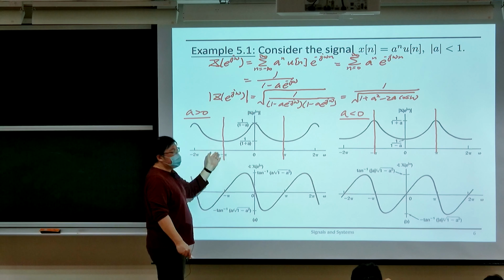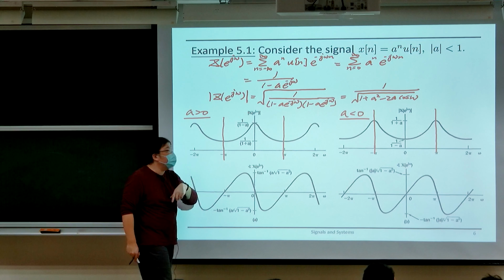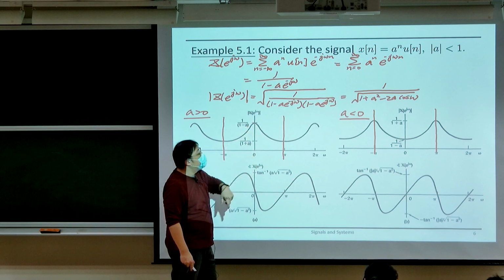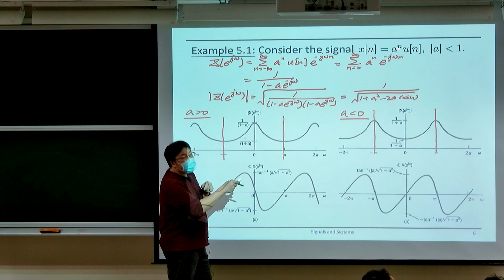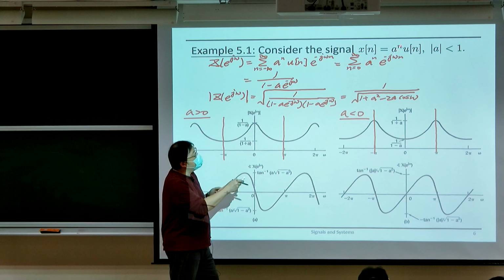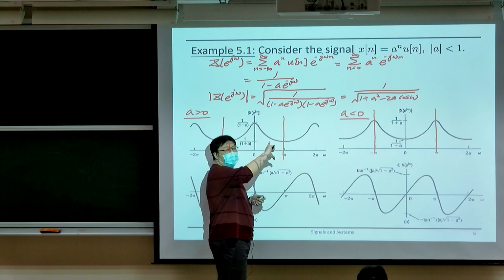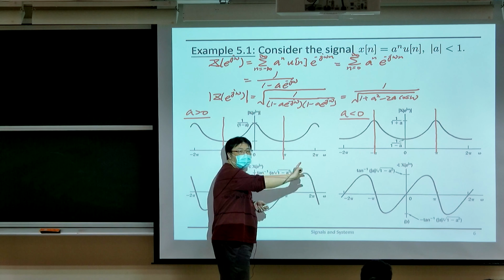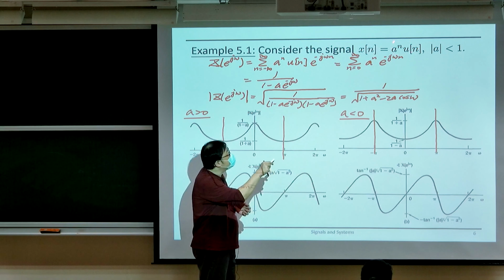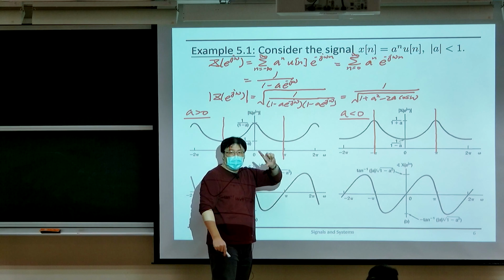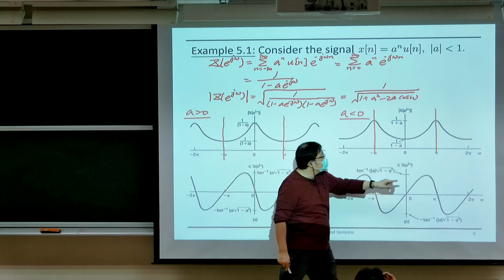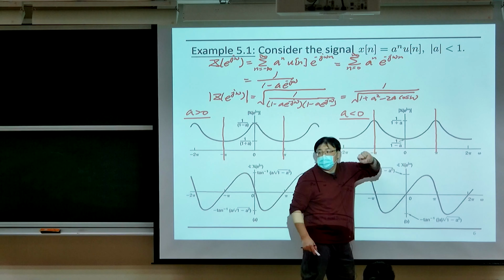So it doesn't have drastic changes in the amplitude, so it's mostly low frequency. But if a is negative, then as you increase n, you oscillate between positive and negative values as it gradually decays. So because you have this oscillation between positive and negative values, you have a very high frequency component.